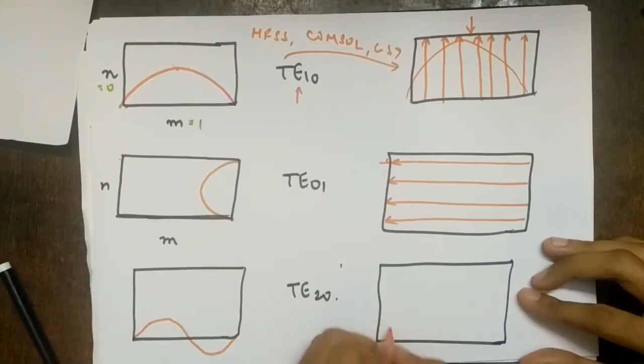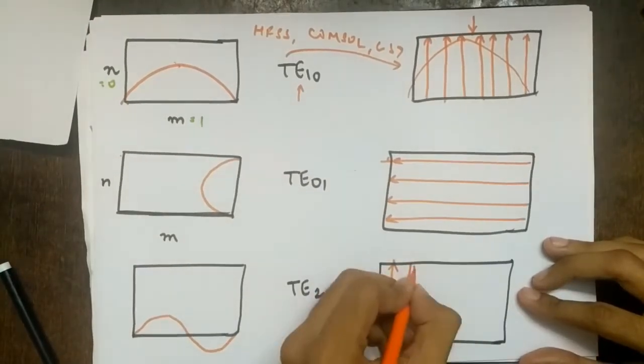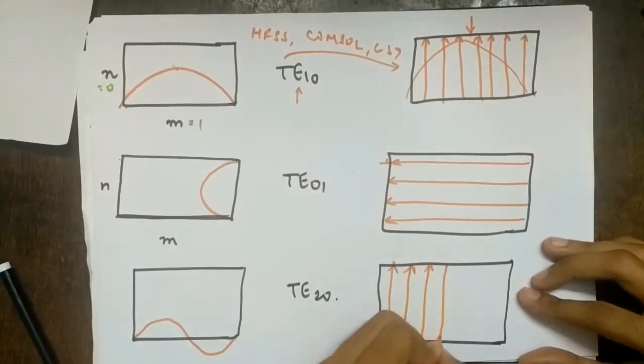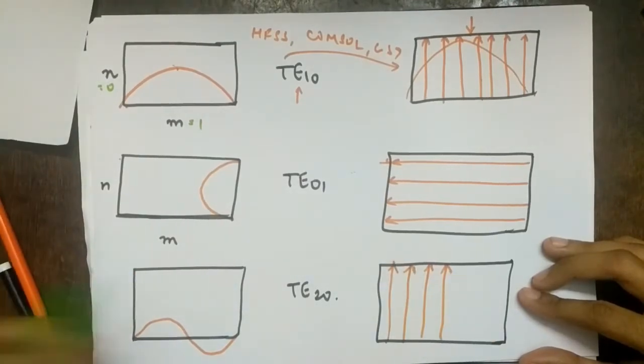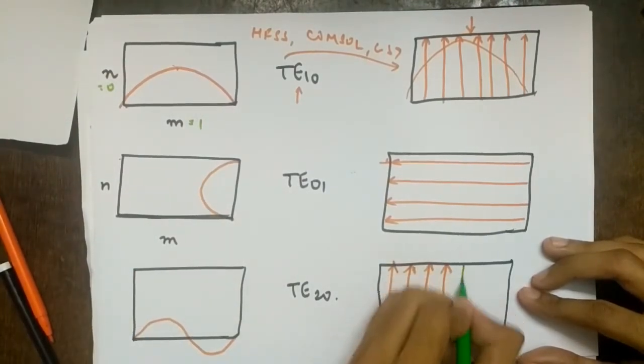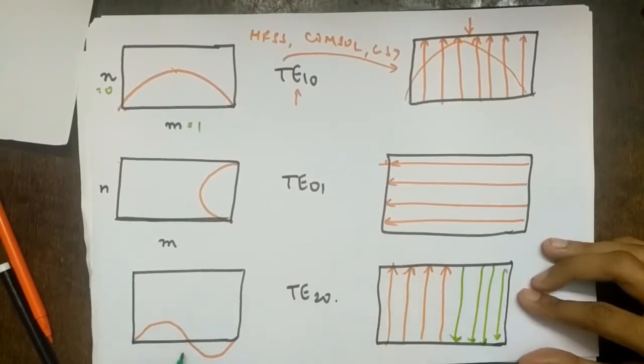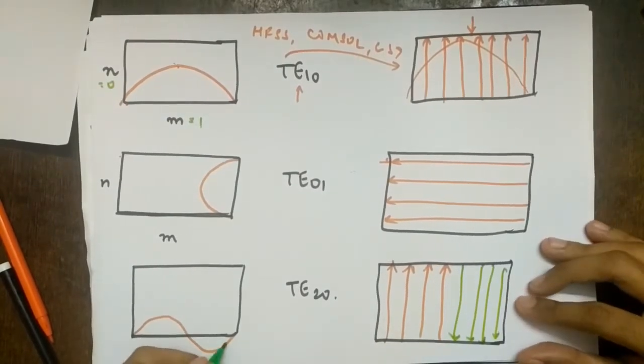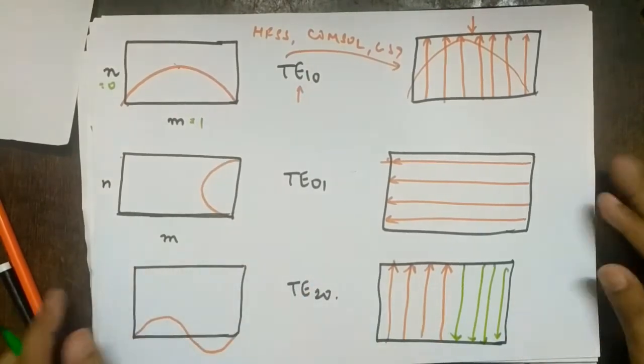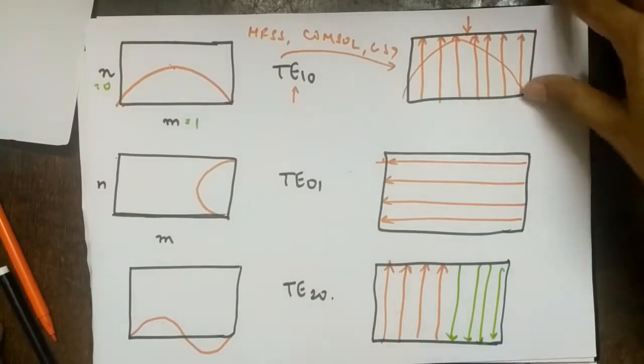These arrows will be like this, exactly till the midpoint. This is one half cycle, and then it will be like this. Obviously you won't have field here. What I have shown here is to indicate that both are opposite in nature. So this is my TE20 mode.